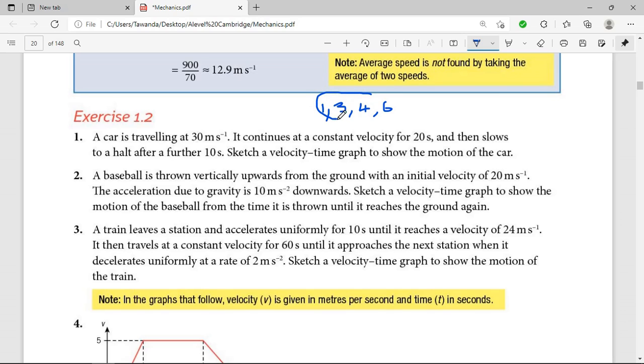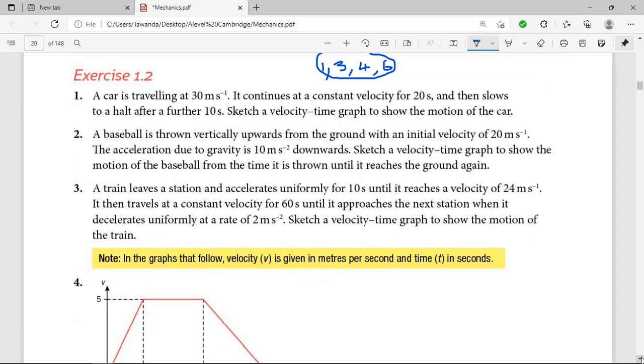So I'm going to help you to demonstrate how you can answer number 2.